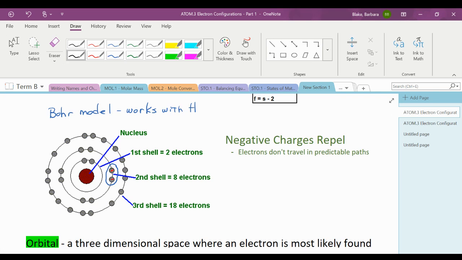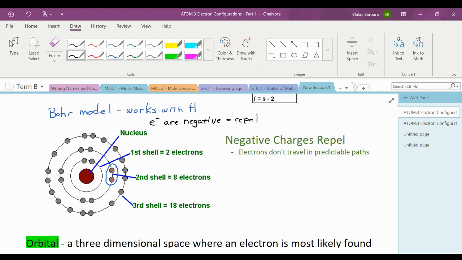The limitation with Bohr's model is that electrons are negative, and that means they repel. And if you're taking a look at this repulsion, it's like walking through a classroom. Assume all of your classmates are negative.